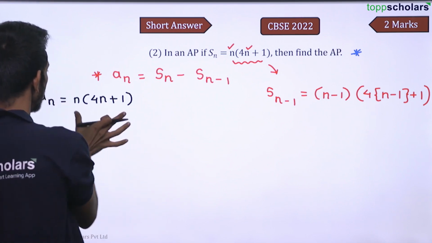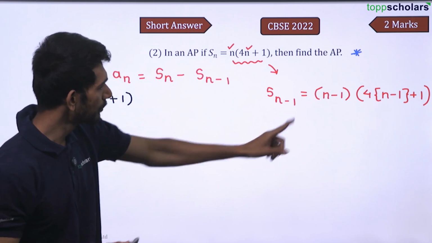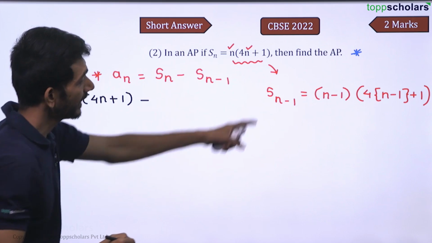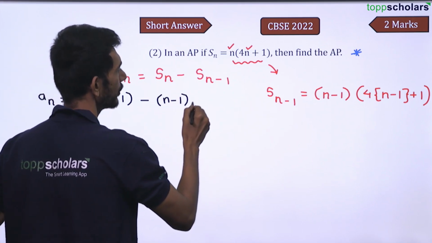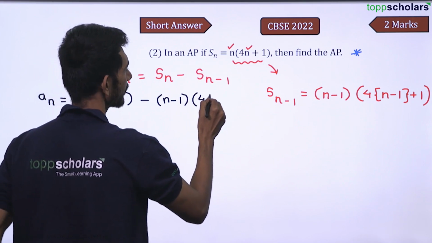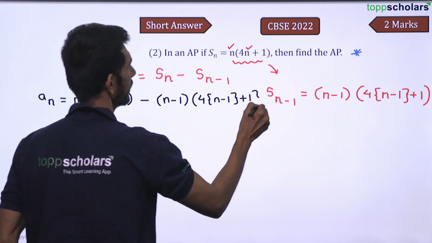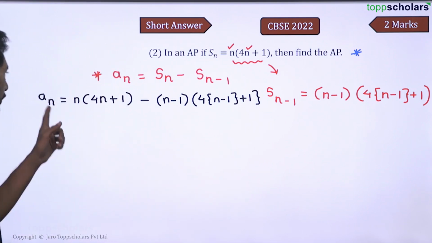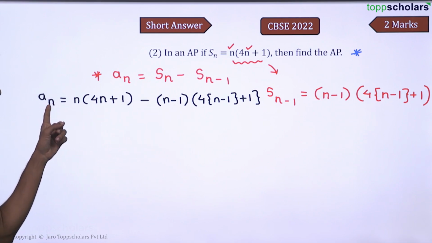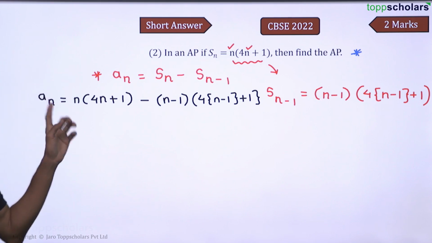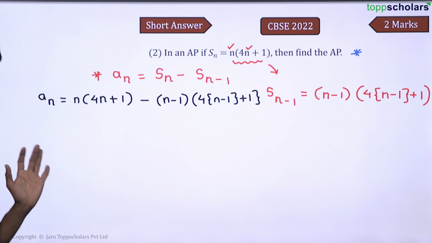And then see, this is An, which is n into 4n plus 1, minus Sn minus 1, which is n minus 1 into 4 times n minus 1 plus 1. Now what you do is, you put n as 1, you get a1, you put n as 2, you get second term, you put n as 3, you get third term, and you'll get the AP. So this is one of the ways of doing it.